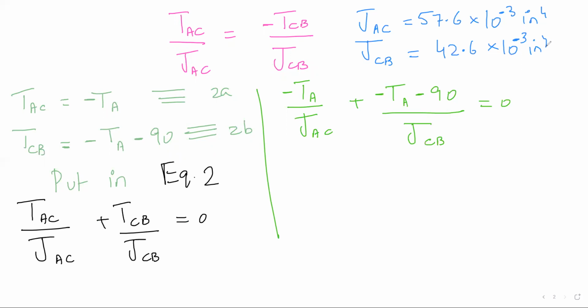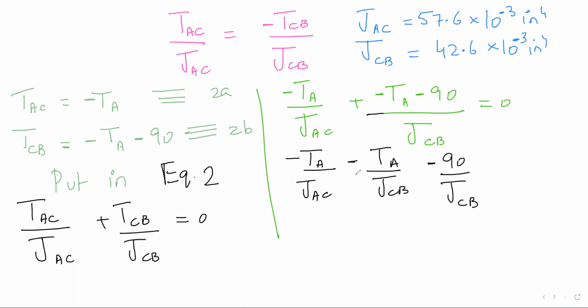So now all you have to do is find it. So I will get minus TA over JAC minus TA over JCB, and then I have minus 90 over JCB equal to 0.